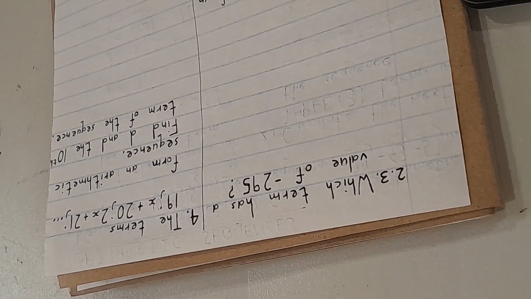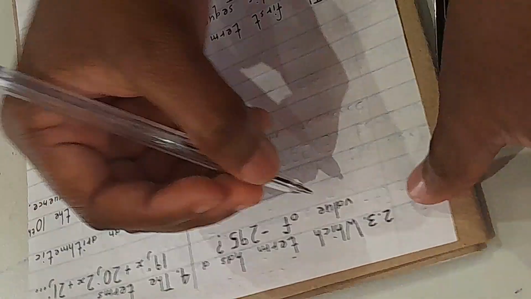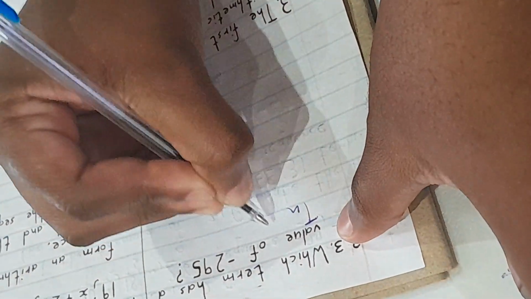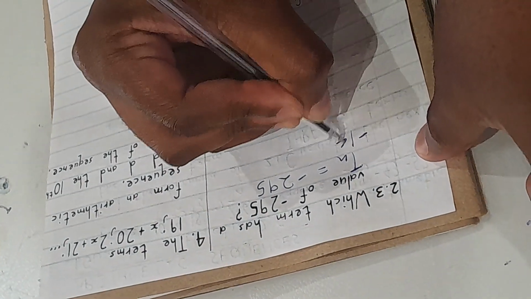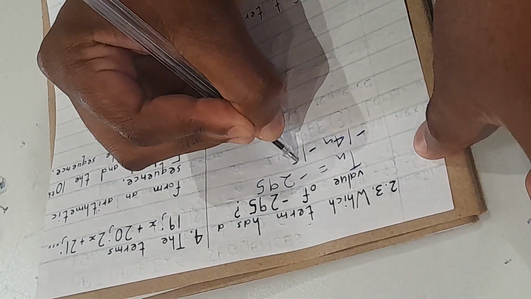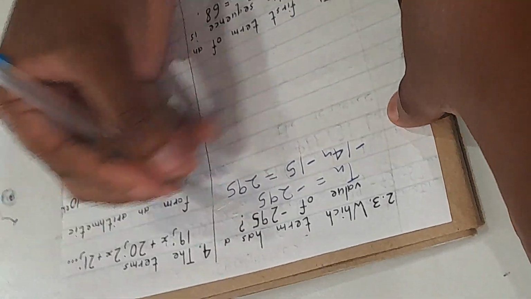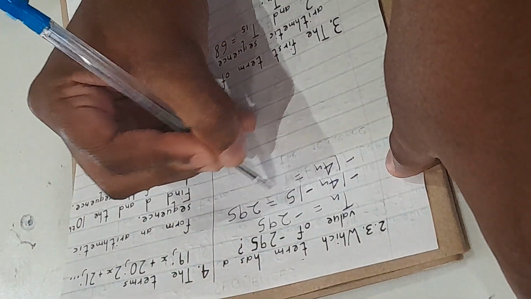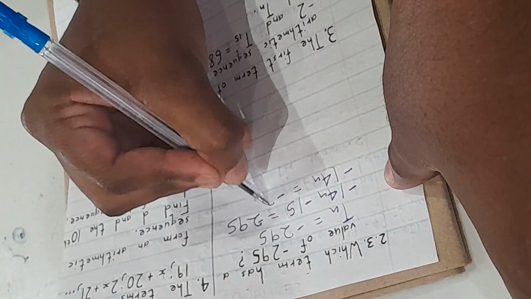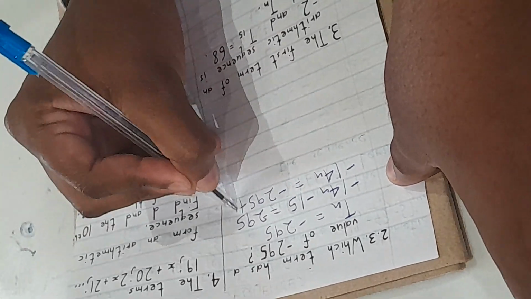2.3 states which term has a value of negative 295. Okay, we know that Tn is just equal to negative 295, right? Tn is negative 14n minus 15. So negative 295, transpose negative 15. Negative when it comes to this side becomes positive.